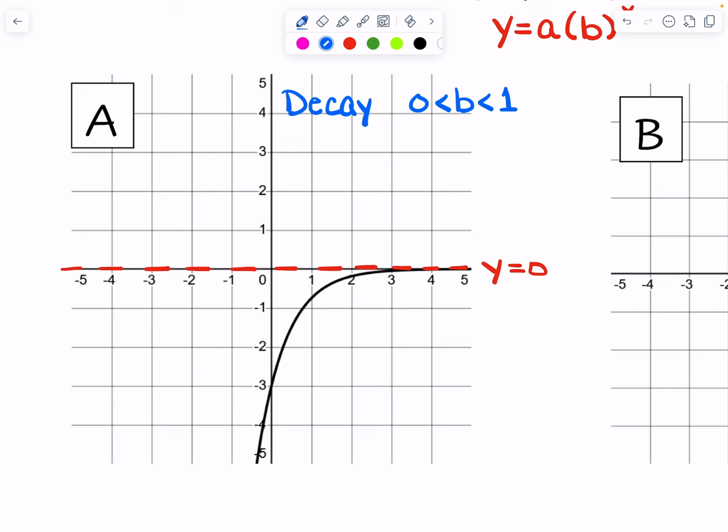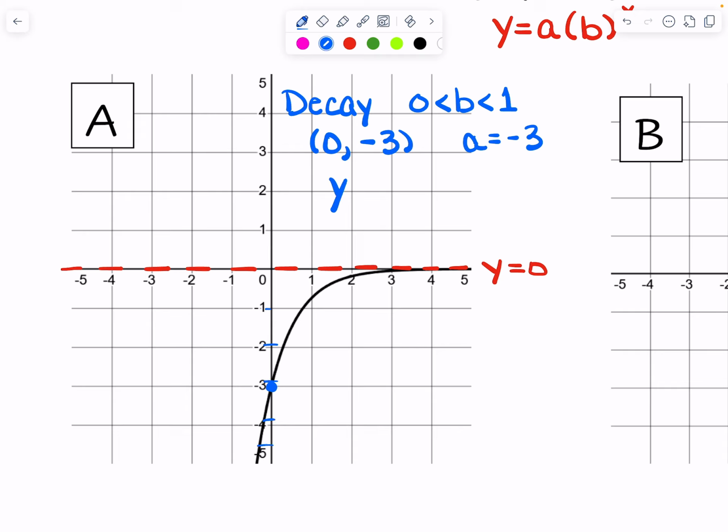Now the other thing we want to look for is the y-intercept. The y-intercept is where the graph crosses the y-axis, and that is at (0, -3). Or you could write A equals -3. The next piece is the range: is y less than 0 or is y greater than 0? Because the graph is below where y equals 0, all the y values are negative numbers.